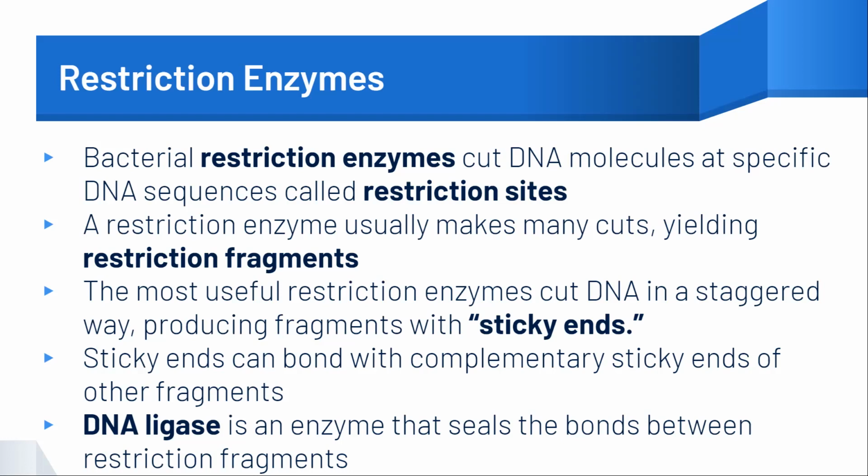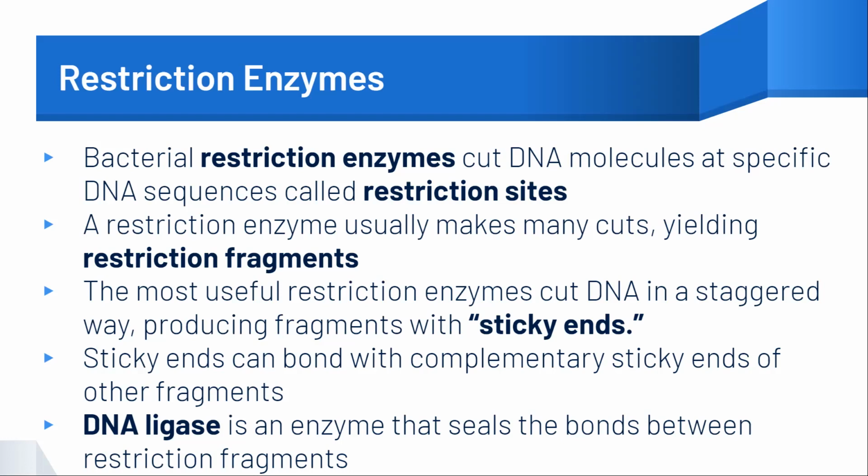When they cut, some restriction enzymes are going to cut straight down across the DNA, and those will create what's called blunt ends. But the ones that are most useful are the ones that actually create sticky ends, and they cut it with a zigzag cut so that there are bases hanging over the edge that could then stick back together with other bases as long as the base pair rule fits.